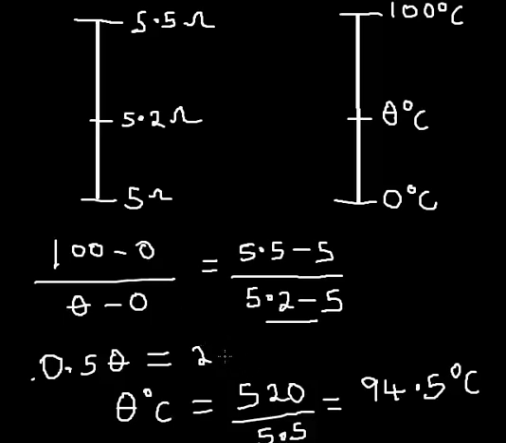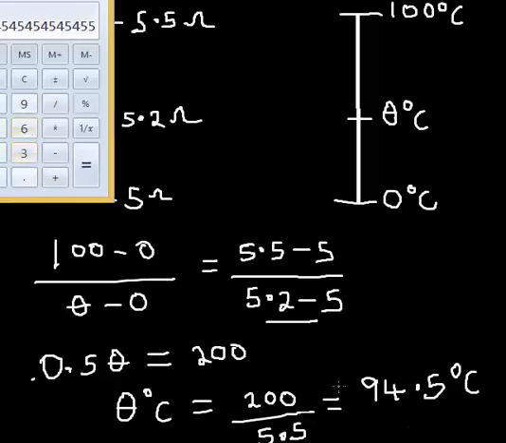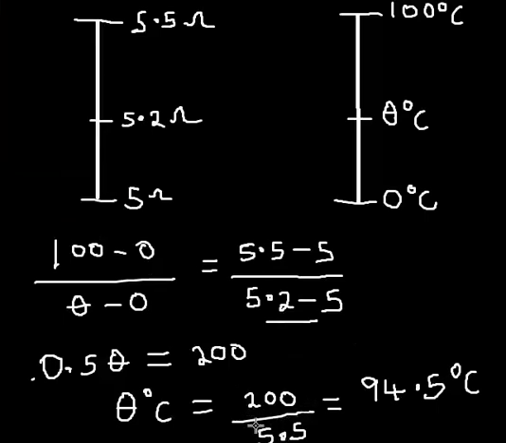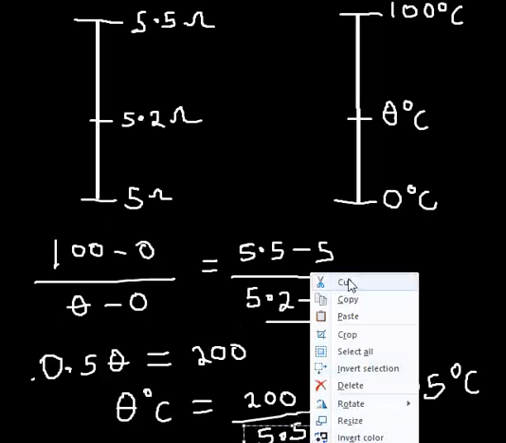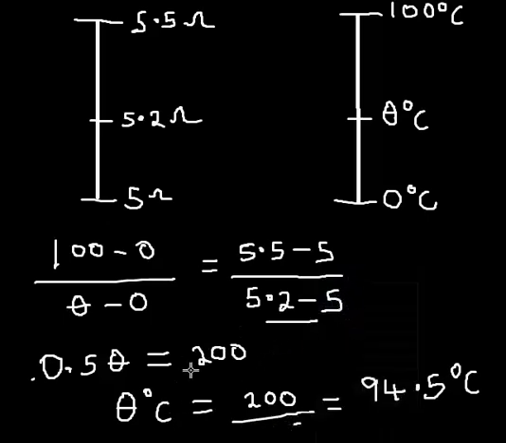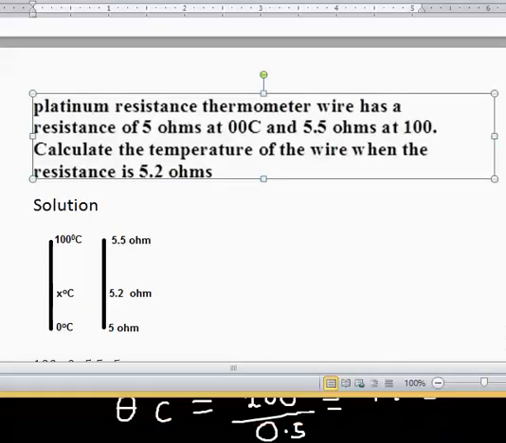So I'm having 200 divided by 0.5, not 0.2. Please pardon me. So I should be correct now.